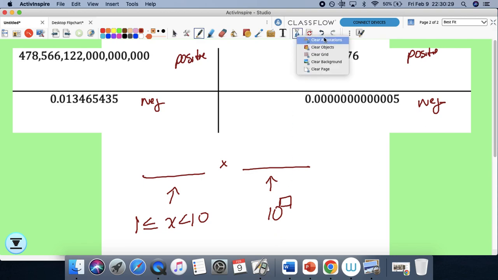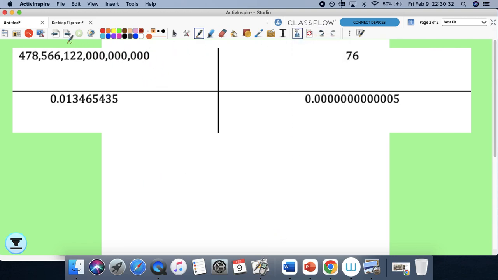All right, let's do the first one over here. So remember, here's my decimal. We're going to move that decimal to the right of the first non-zero digit. So that decimal is going to travel from here all the way to here.